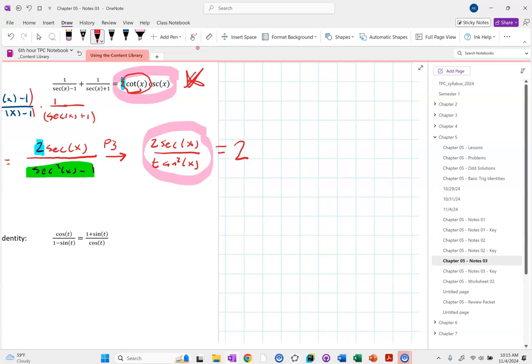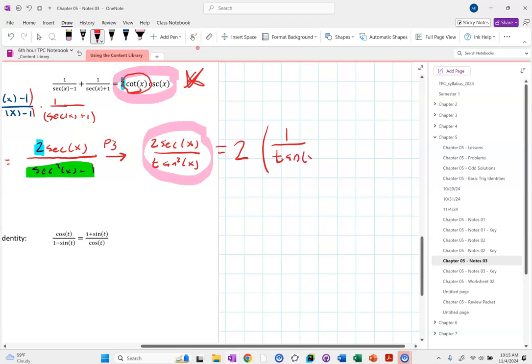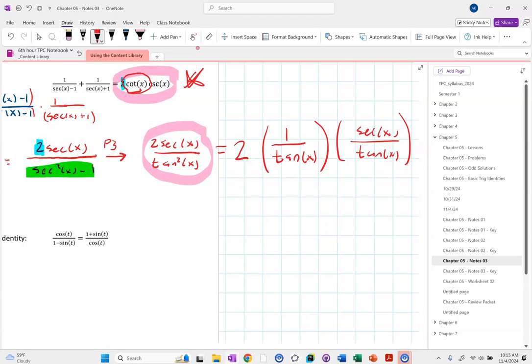Well, it's not the same because I have a tangent squared. But I'm going to take part of that tangent squared and kind of break it off by itself, and just do some clever rearranging here.